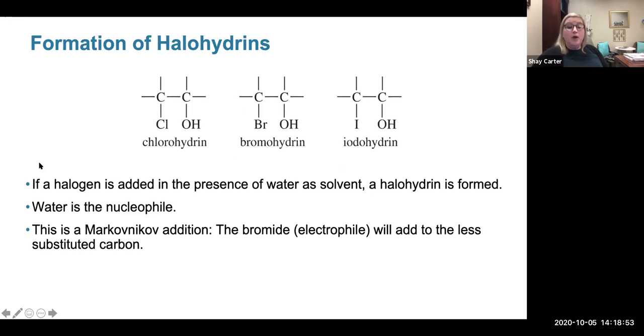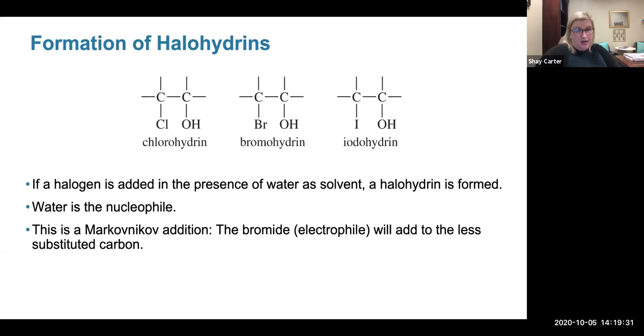Now, we can also form halohydrins, okay? So if a halogen is added in the presence of water as a solvent, we will form what's called a halohydrin. A halohydrin is where we add a halogen on one side of the double bond and a hydroxyl group on the other side of the double bond because water is our nucleophile, okay? Now, this is Markovnikov addition because the halogen will add to the less substituted carbon.